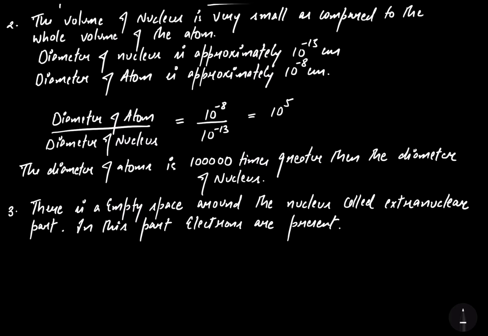The number of electrons in an atom is always equal to the number of protons present in the nucleus.